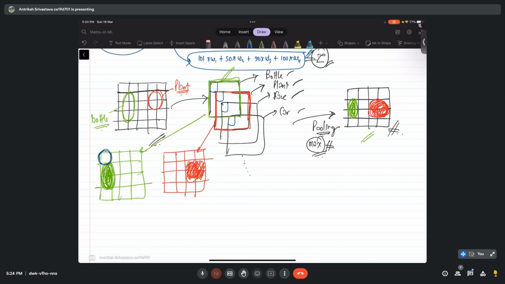Which one is more activated? Which one has the highest value? Take that value, give it to the new layer. Look at the next pixel. Check which one has the highest value, which one is more activated. Take that value, give it to this. So maximum pooling is nothing but taking the maximum of this 3D matrix and giving it to the new 2D matrix.